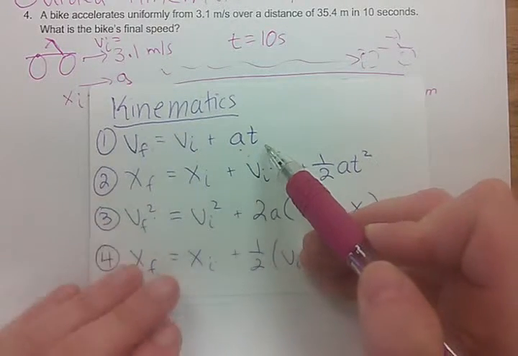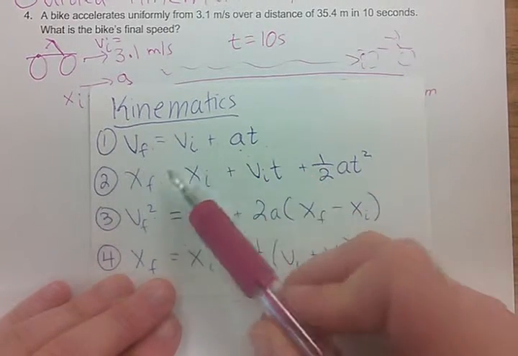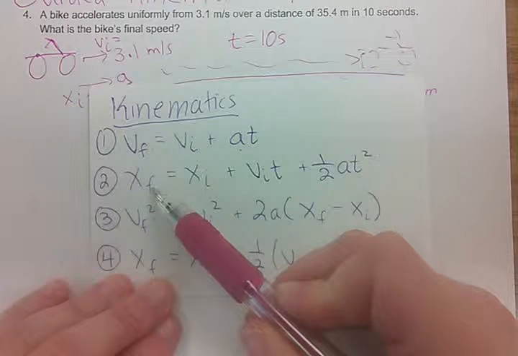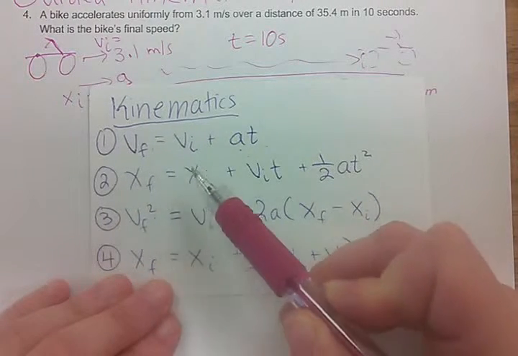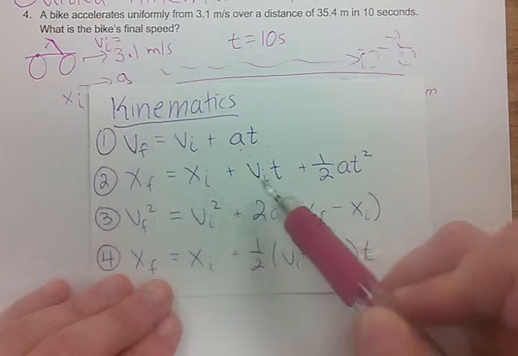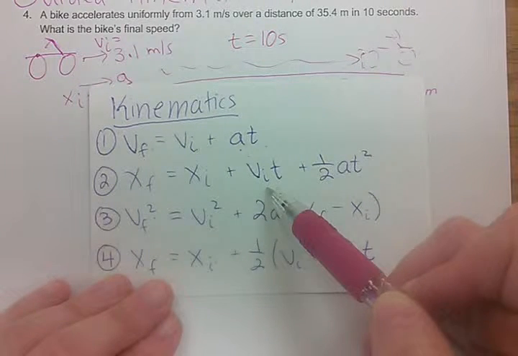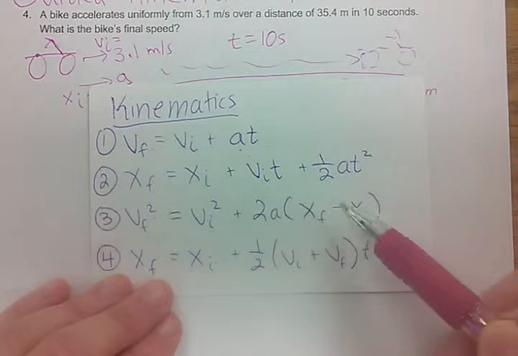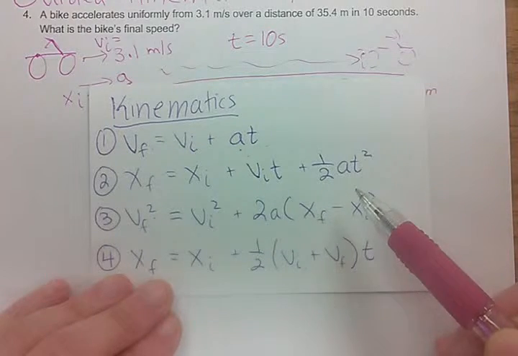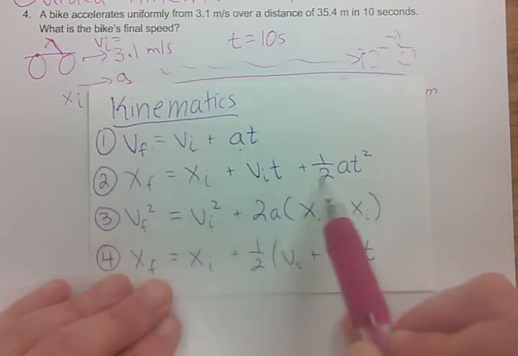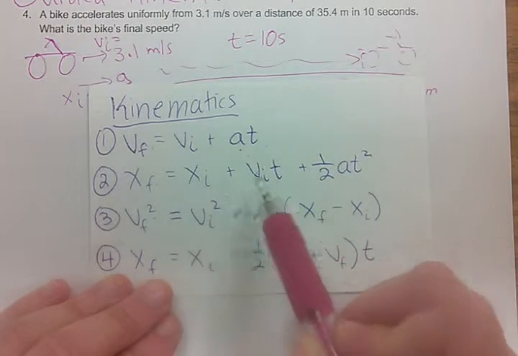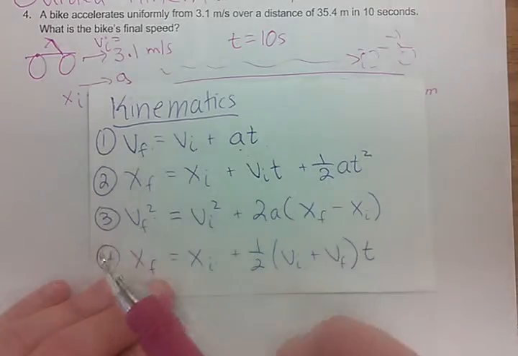So let's go back to this kinematic to see. Number 2, we have our XF, our initial position, our initial speed, our time, but we're looking for final speed, and I don't see VF anywhere in this equation, so we don't want to use number 2, it looks like.